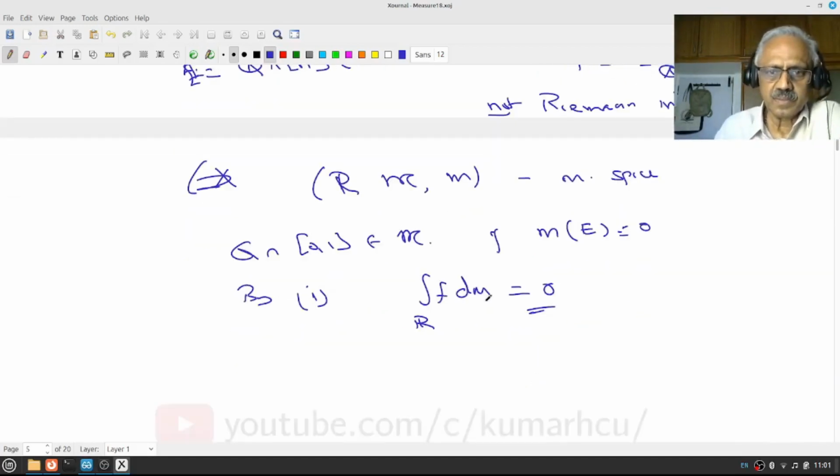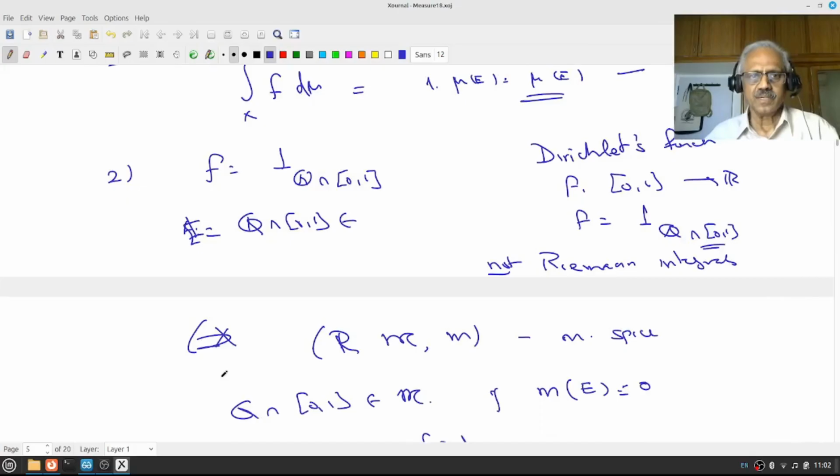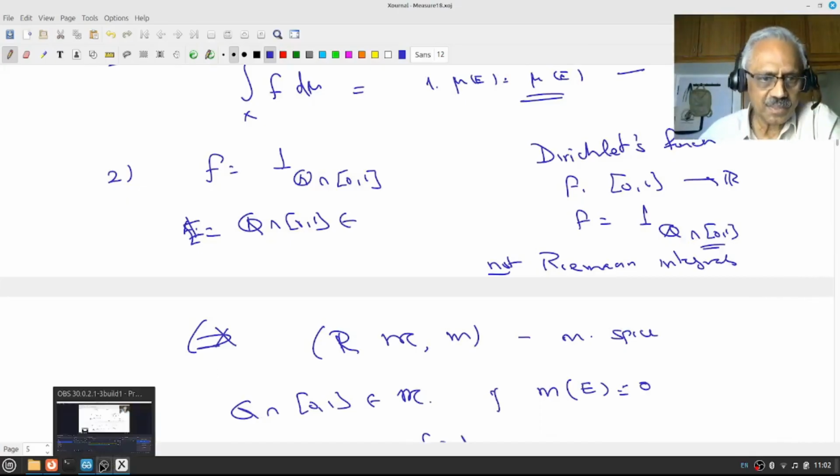Now my mu is m, X is R, therefore I am writing this. In particular, you can see that we can talk about the integral of Dirichlet's function. The very first example itself shows that we have at least one function which is not Riemann integrable but is Lebesgue integrable.